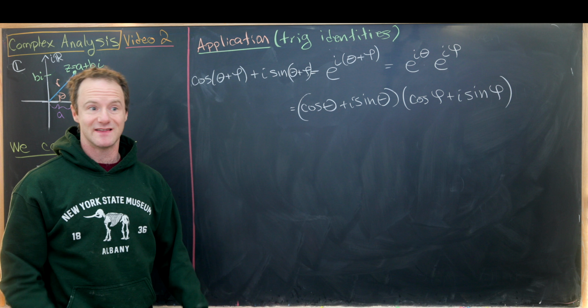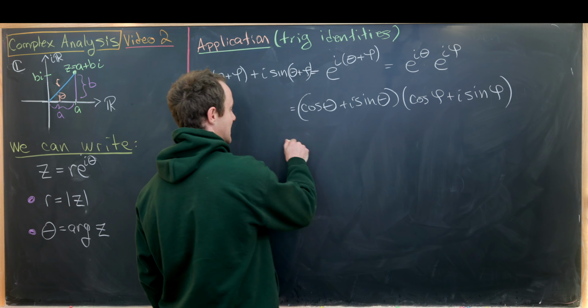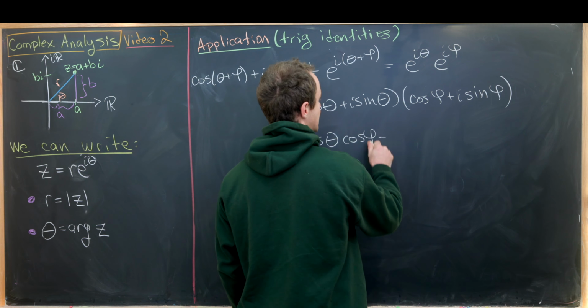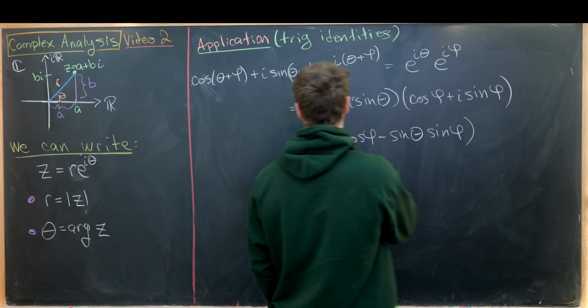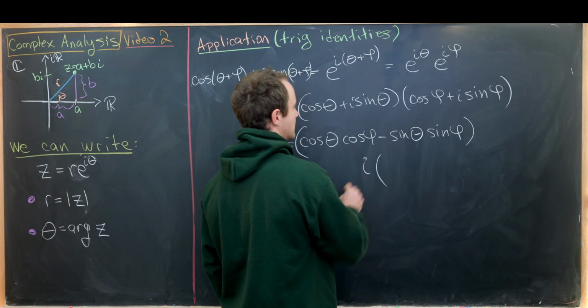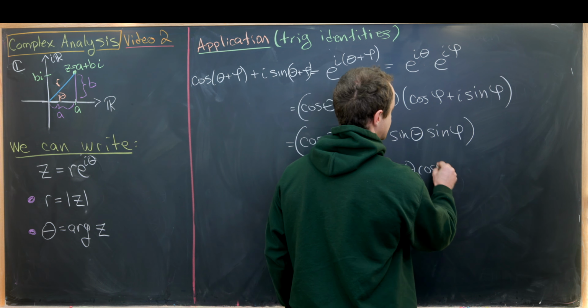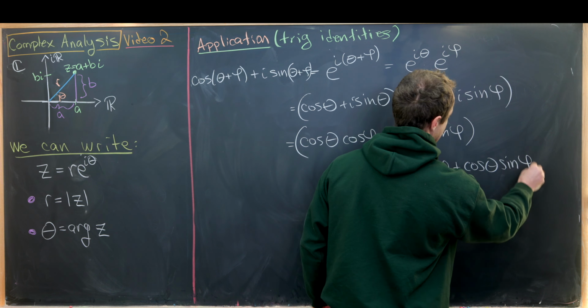Now we can multiply this out as we multiplied complex numbers in rectangular form last time. So notice we'll get cos theta cos phi minus sine theta sine phi. That will be the real part. And then the imaginary part will be equal to sine theta cos phi plus cos theta sine phi.